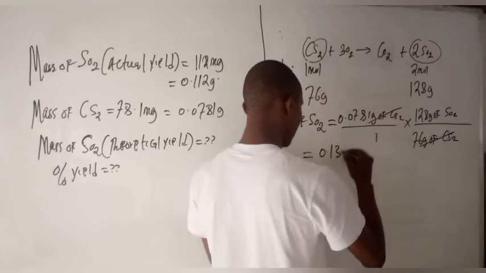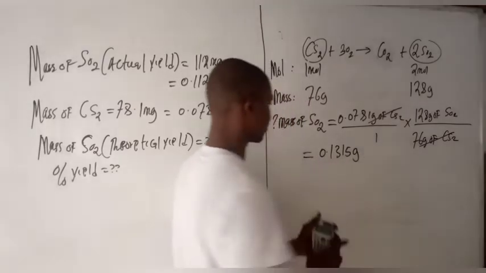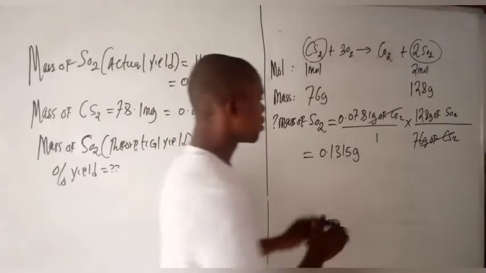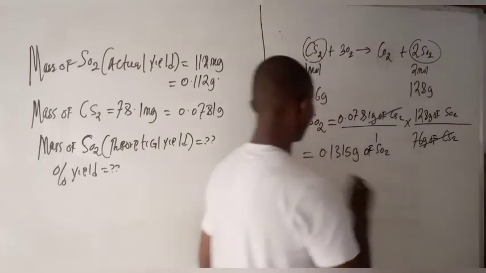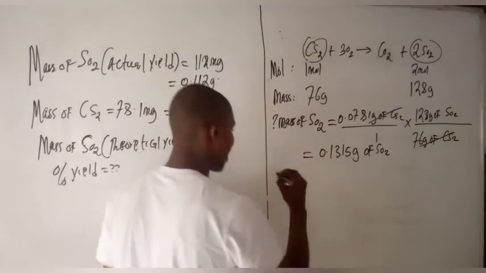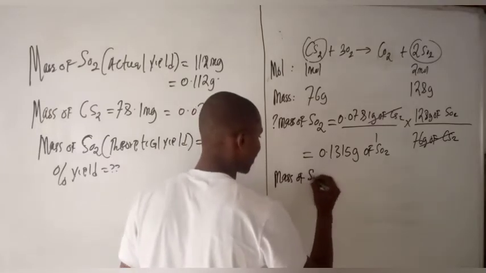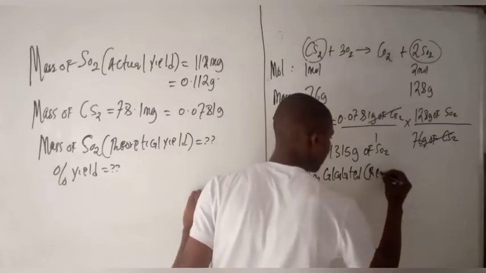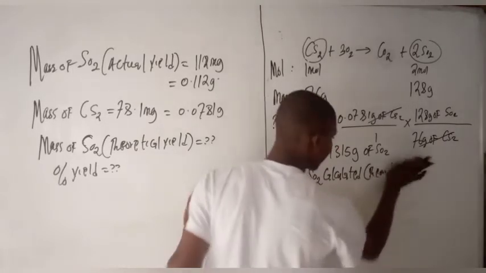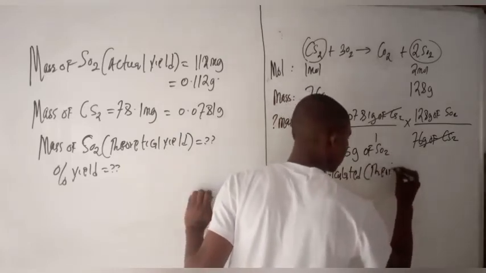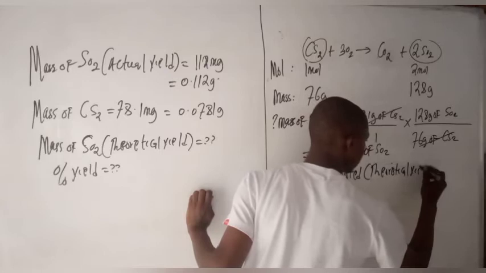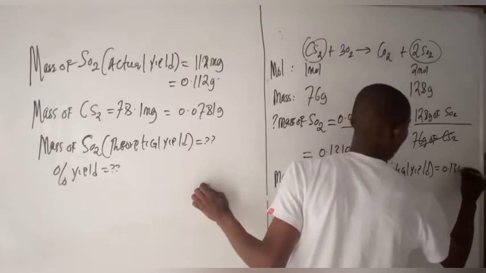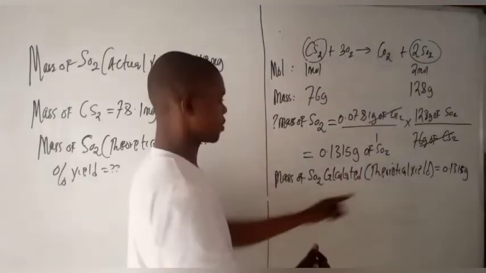So here we have 0.1315 gram. Now this mass I've calculated is my theoretical yield of SO2, right? The mass of SO2 calculated is going to be the theoretical yield, 0.1315 gram.